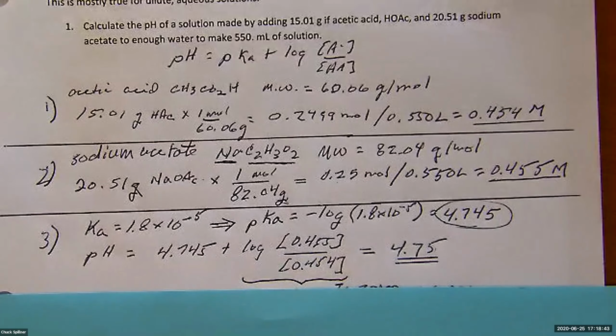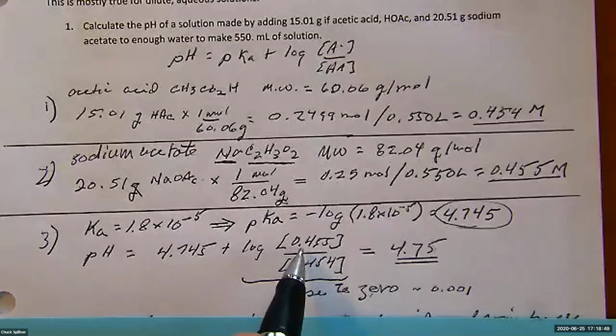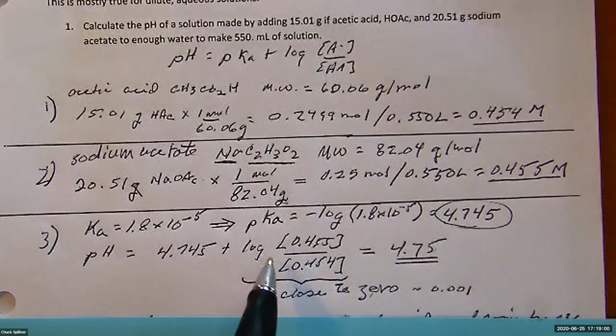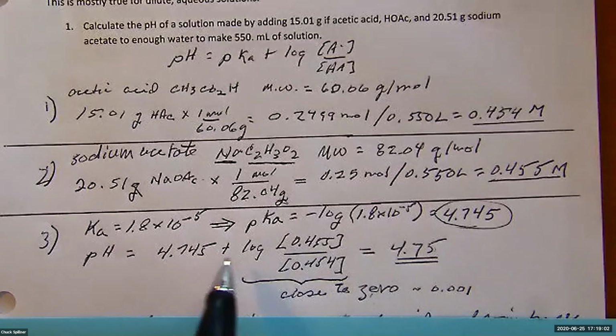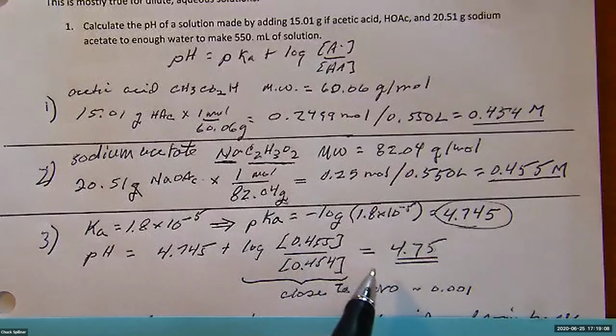Now this particular calculation is pretty easy to do because this is close to 1. The log of 1 is 0, so this is close to 0. This particular calculation turns out to be 0.001. So we add 0.001 to 4.745, we get 4.746, which again rounds to 4.75.